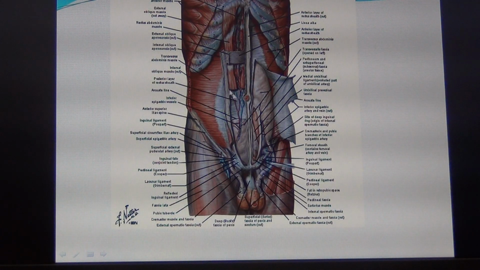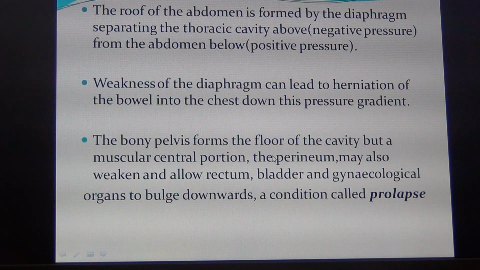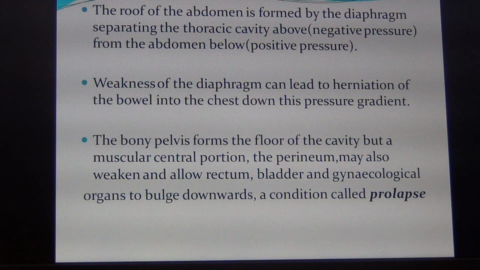These are the muscles of the abdominal wall, the anterior wall, the layer of rectus sheath, and all the muscles are seen here. I hope you will see it well. The roof of the abdomen is formed by the diaphragm.